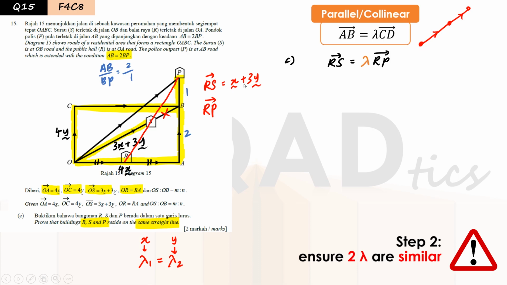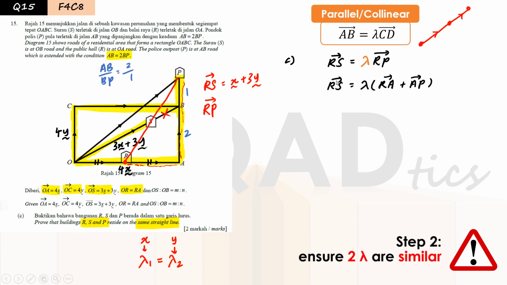Okay, so now let's find the vectors first. RS we already have, so now it is just RP. For RP we need to find the route first. So from R, let's say we go to A and then we go straight up to P. That will be our route. Now for each of the vectors, let's see if we can find the value.